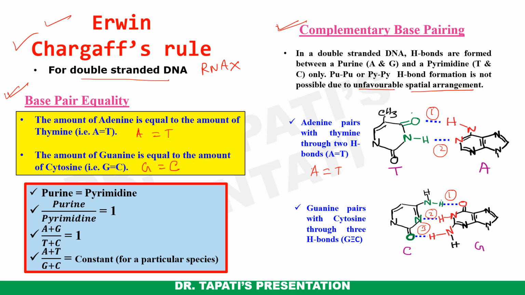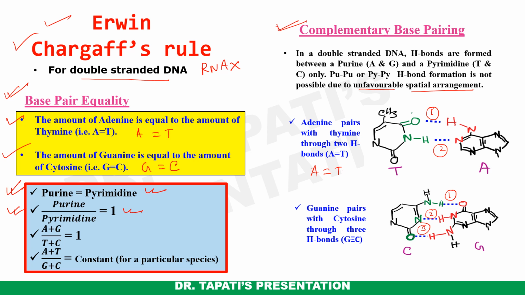And from these two facts, we can also derive other facts, like the amount of purine in the double helix structure of DNA is equal to the amount of pyrimidine. In that case, we can also write purine divided by pyrimidine is equal to 1.